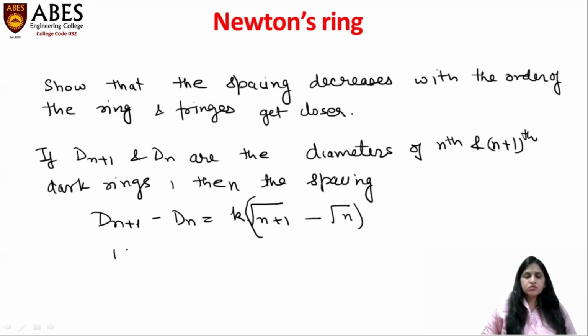If n is equal to 1, 2, 3, keep putting the value of the order. What will it become?